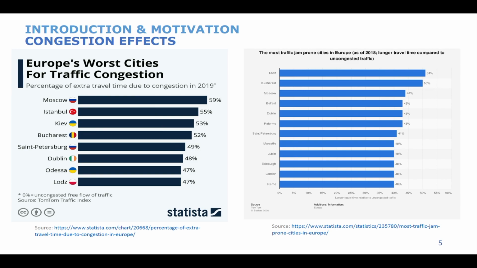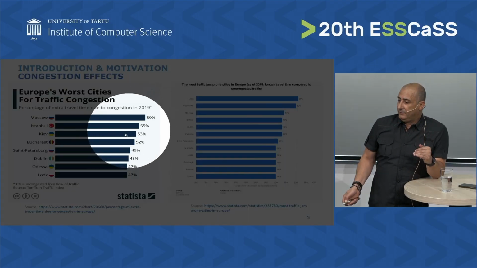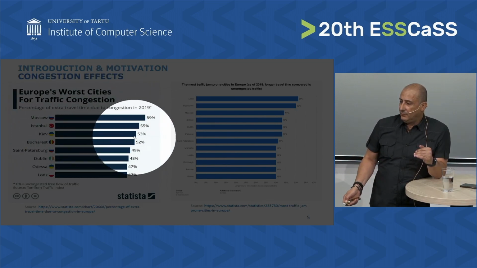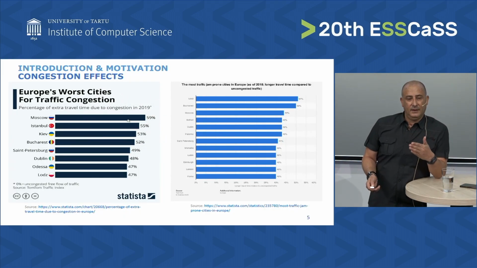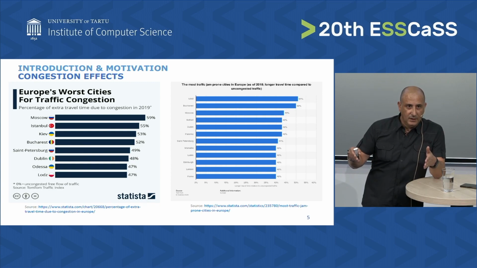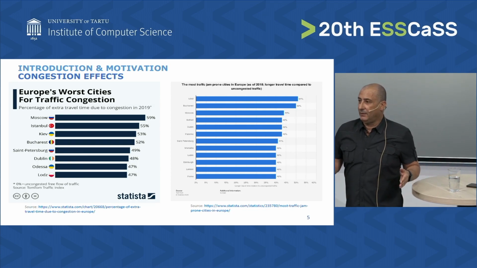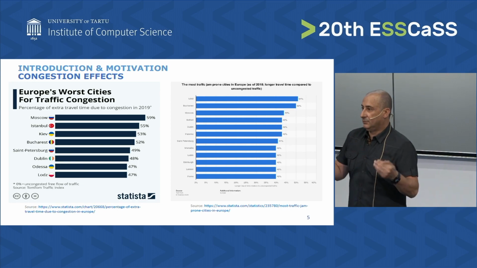Unfortunately, if you see, Poland is the only European country that has put 3 cities among the top 10. This 59% in Moscow or in Istanbul, for example, shows that a driver on the same journey or same trip would spend 59% extra time while driving.